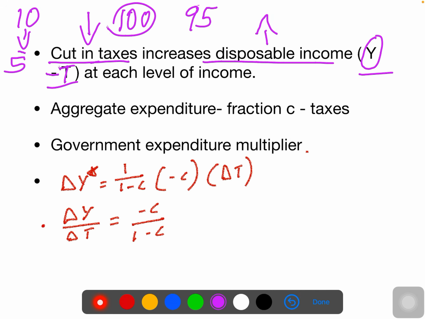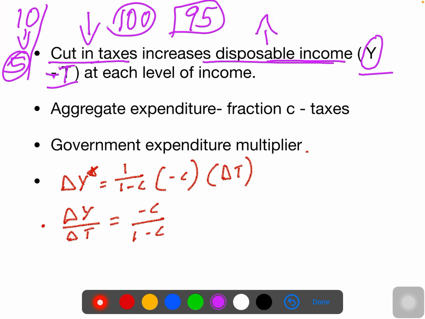If I subtract the 5 rupees, the money left is 95, which I'm going to use for my consumption. That's called disposable income. Whenever tax decreases, like 10 rupees to 5, the disposable income is going to increase. So Y minus T is the formula to find the disposable income.